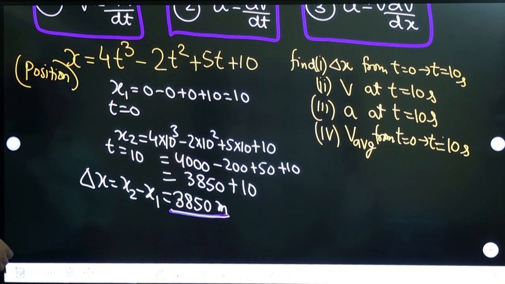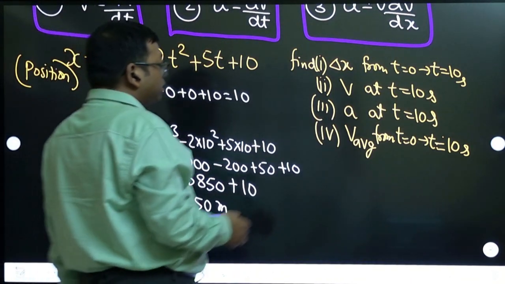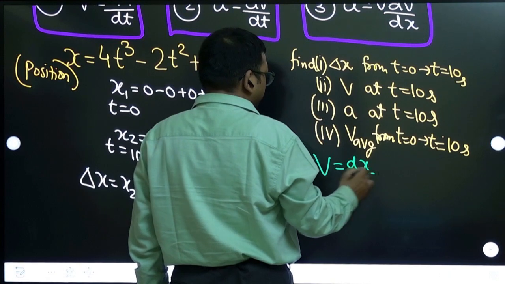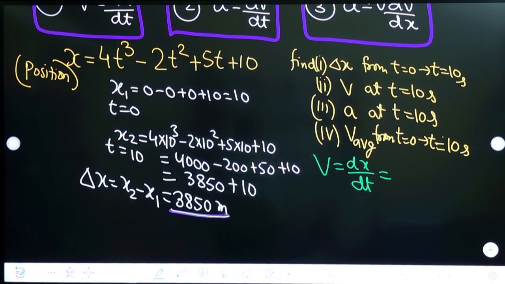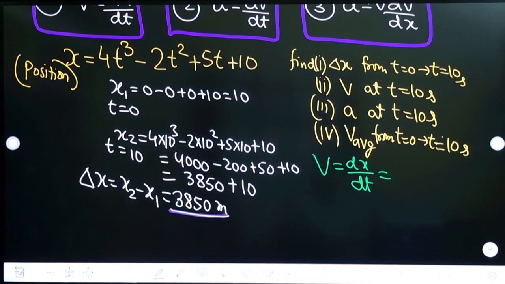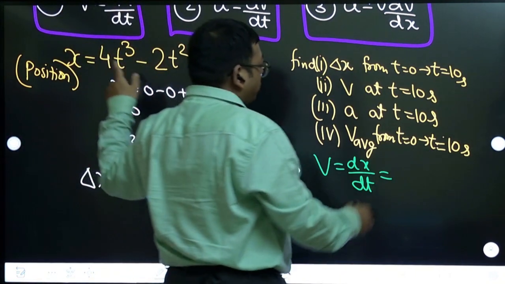Next, the second part. Velocity at 10 seconds will be what? To calculate velocity, differentiate x. Velocity is dx by dt. Can you tell me the answer? Do it fast. Differentiate the first term, so 4 comes out.